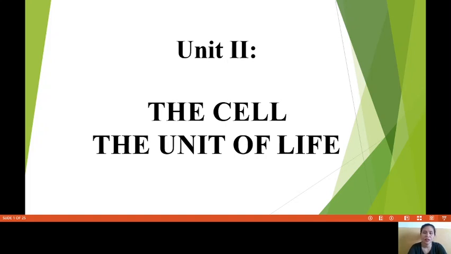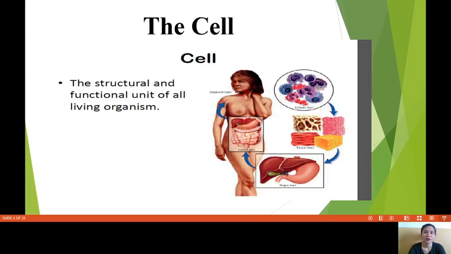Okay, so this topic is also part of your Unit 2, which is the unit of life. Last meeting we discussed the cell, so today we will have a review of this one. Again, the cell is the structural and functional unit of all living organisms.